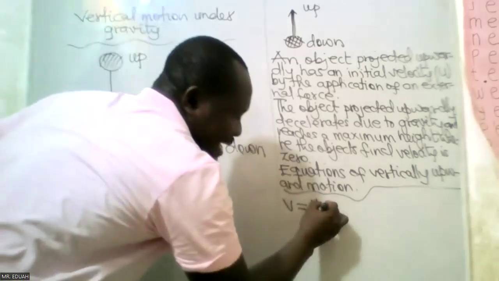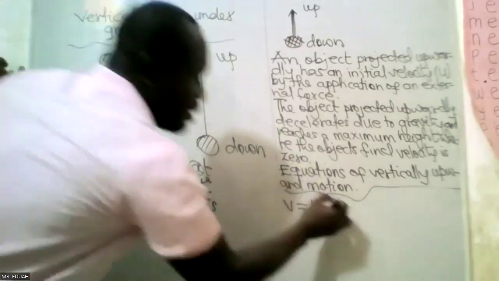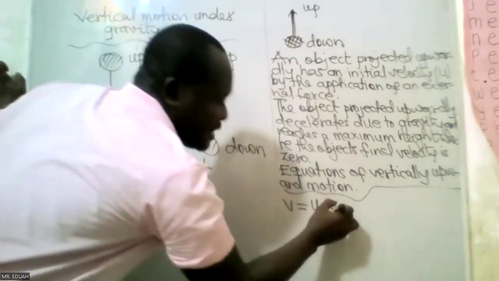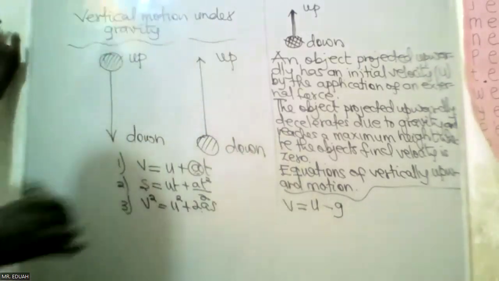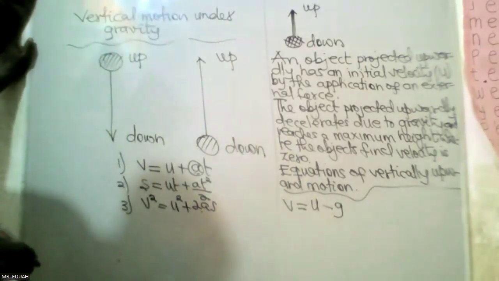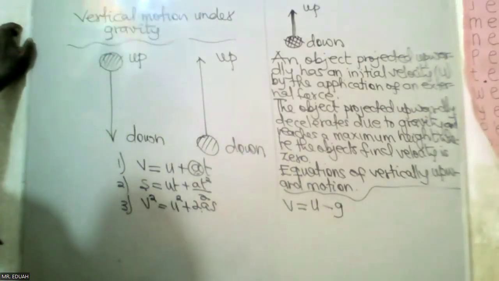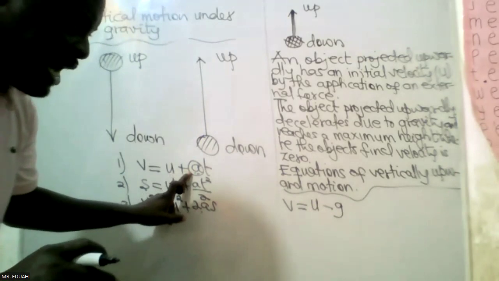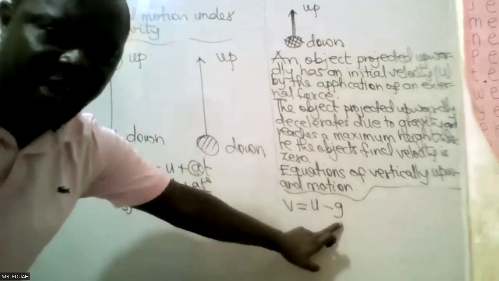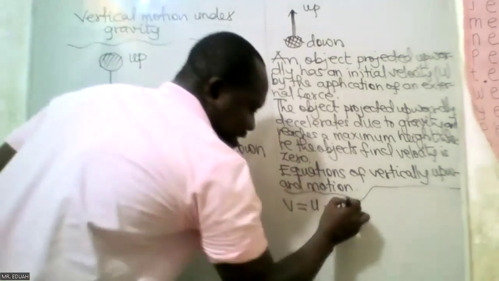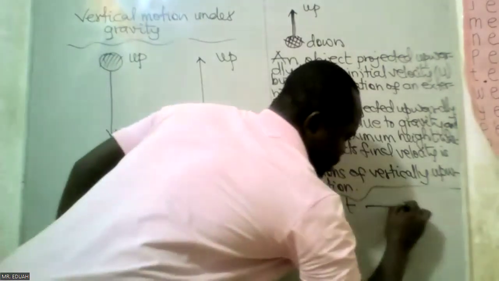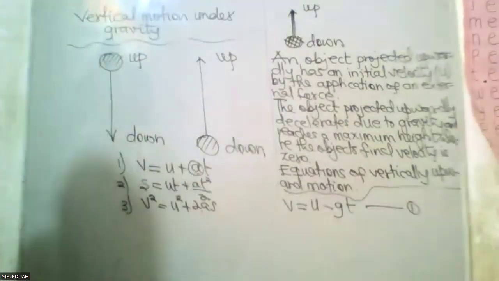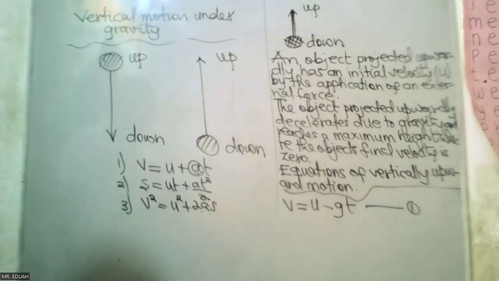So minus. A changes to g because the deceleration is due to the force of gravity. So we make that change, a for linear and g for gravity. So minus gt. This is equation 1 for vertically upward motion.